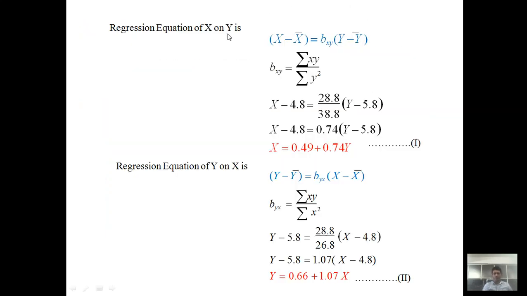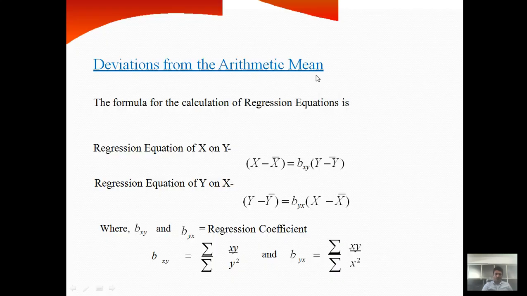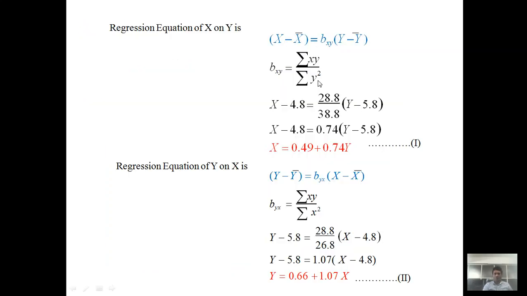So the regression equation is x minus x bar is equal to bxy into y minus y bar, where bxy is the regression coefficient and bxy is sum of xy upon sum of y square. Now x minus x bar.